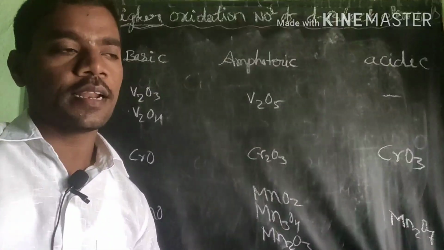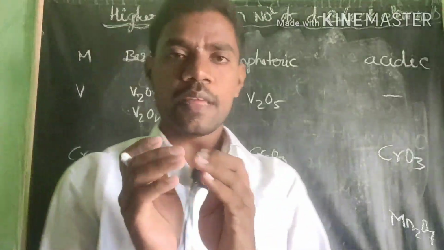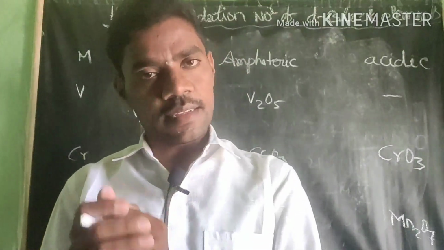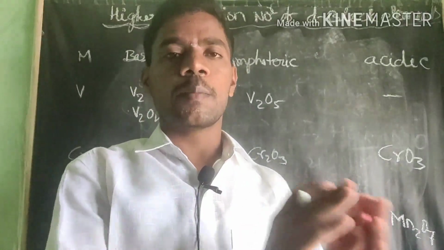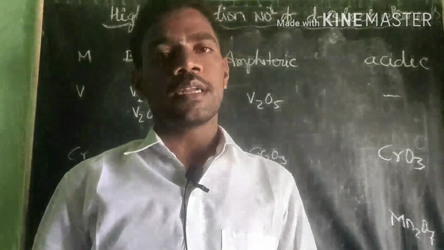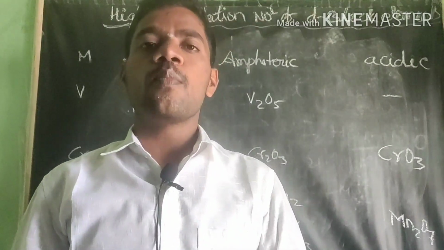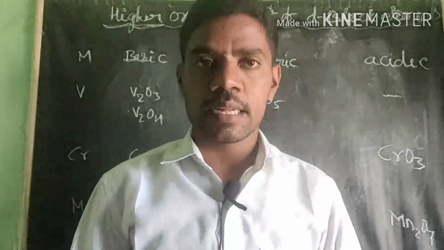See here, one example I have written on the board. Some of the oxides exist in nature. Some of them are acidic, some amphoteric, some basic. How do we classify acidic, basic and amphoteric? This is very important. Compounds with the lowest oxidation number act as basic.